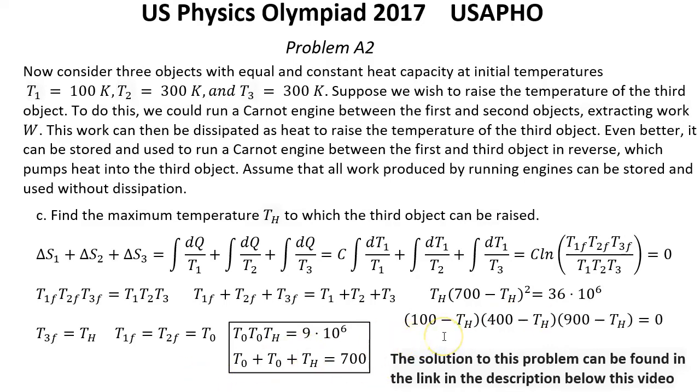It means that the rest we can convert to a quadratic equation, and we have finally this expression, from which we have the other 2 roots, 400 and 900. But because of energy conservation, 900 is not possible. So the real answer is 400. It means that the final answer for the highest temperature is 400. That was the solution for question C.